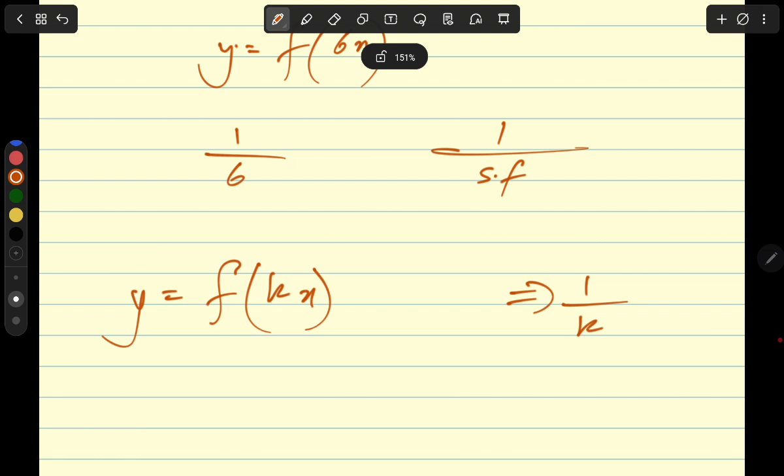If k is a fraction, let's say 2 upon 3, then you put 1 upon 2 upon 3 so that it becomes a factor of 3 upon 2. So every input value gets multiplied by 1.5, and this concept is heavily tested.